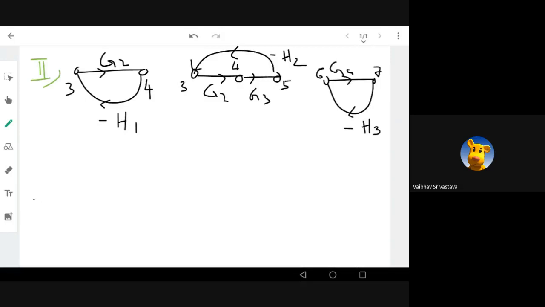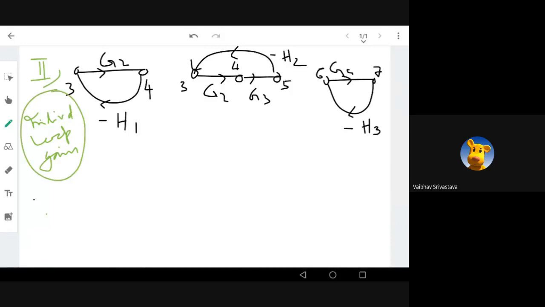These are the individual loop gains. So the first step was finding P, and the second step is finding the individual loop gains.